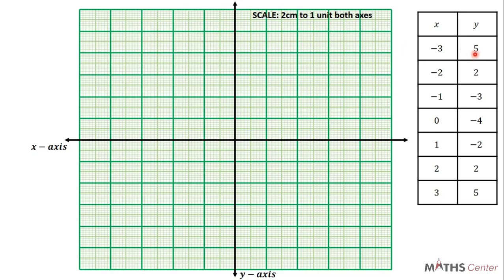The biggest value of y is 5, so it means that we can find that on the positive side. On the negative side, we will have -1, -2, -3, -4, -5, and -6 here. So it means that if we draw our x-axis at this position, we can plot all the y values on our graph sheet. So this position of the x-axis is okay.